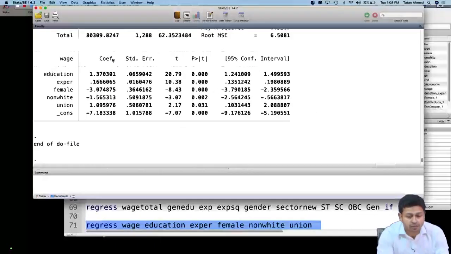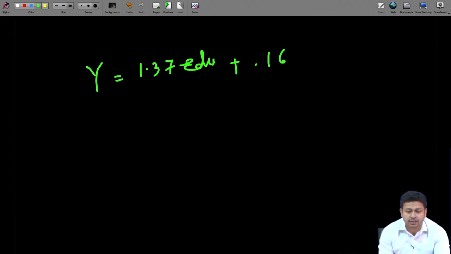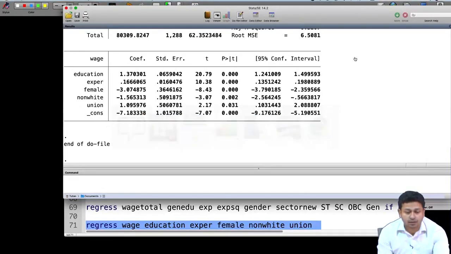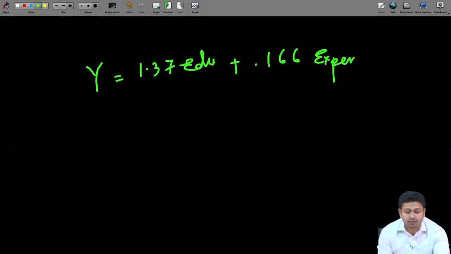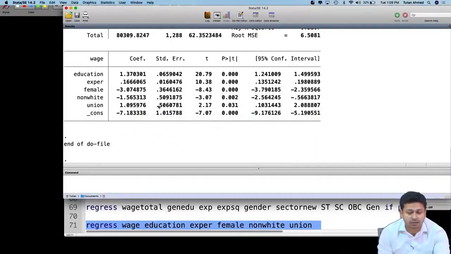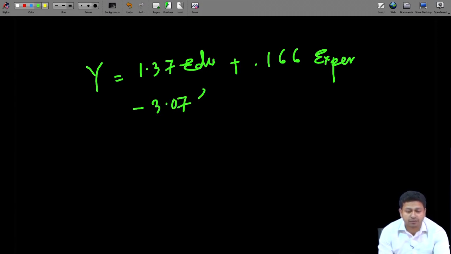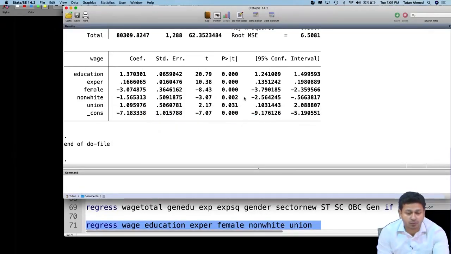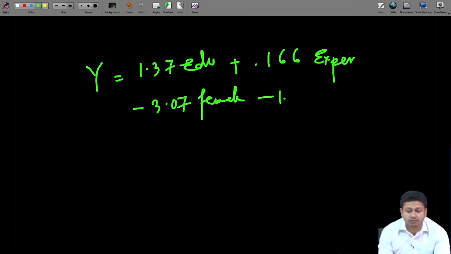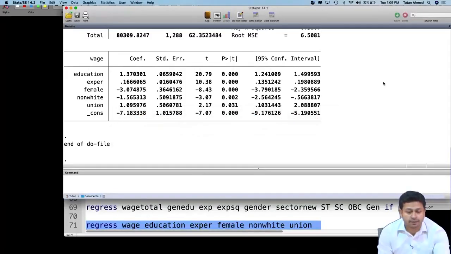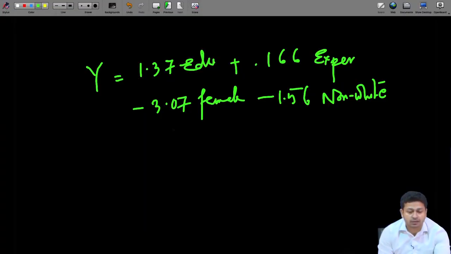The reduced form equation is: y is equal to 1.37 times education, plus 0.166 times experience, minus 3.07 times female, minus 1.56 times non-white, plus 1.09 times union, and there is a constant term of minus 7.2.